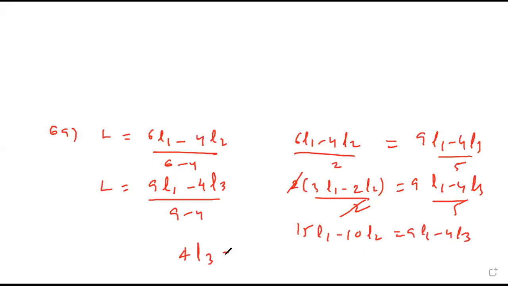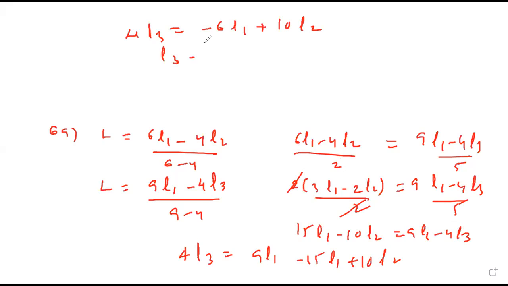So 4 times L3 will be 9L1 minus 15L1 plus 10L2. 4 times L3 is minus 6L1 plus 10L2. So dividing by 4, 6 upon 4 is 3 by 2, 1.5 L1, 2.5 L2. 2.5 L2 minus 1.5 L1, option A, correct.